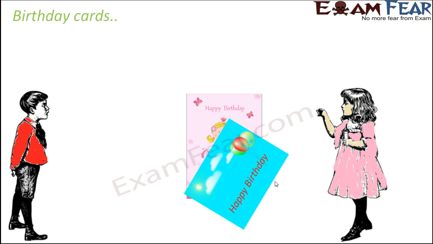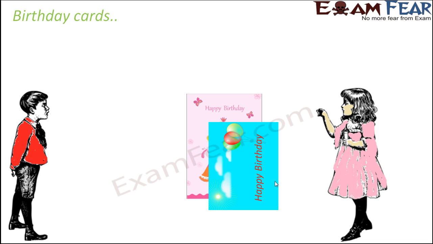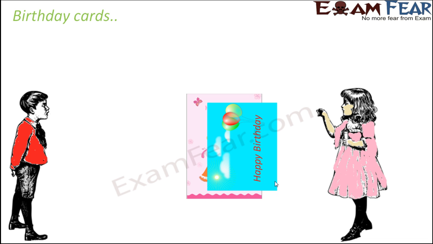Even if you try to rotate the blue card and place it over the pink card, you see that they do not overlap each other completely, which very clearly says that these two cards are not congruent. No matter in whichever orientation you try to overlap them, they do not cover each other completely. So in this case, these two birthday cards are not congruent.